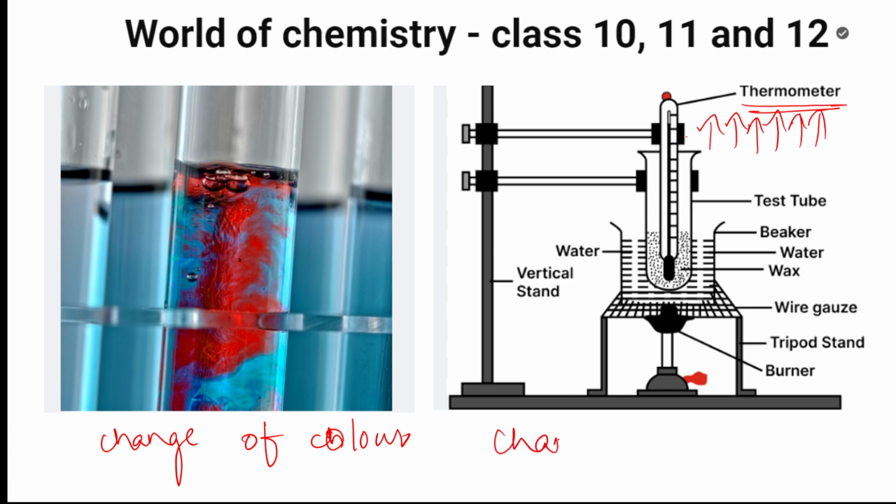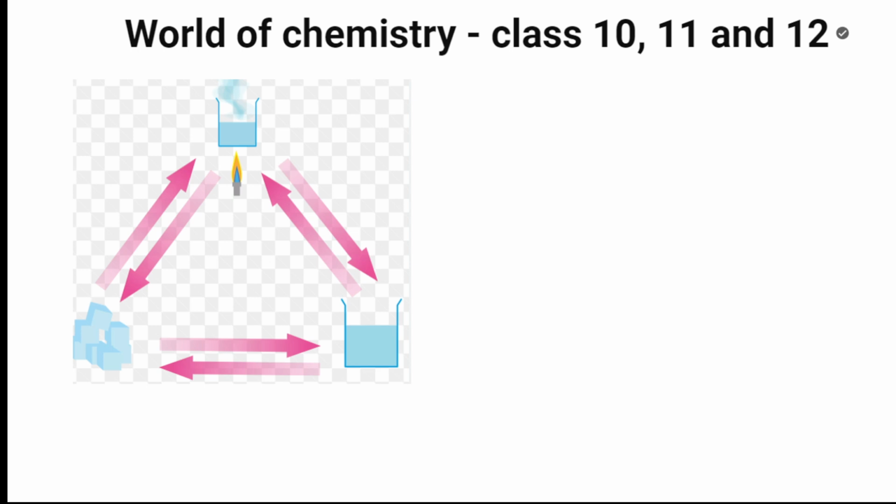So the fourth characteristic is change in temperature. Temperature may initially be 10 degrees, and as the reaction happens there may be an increase or decrease in temperature, as in exothermic reactions.